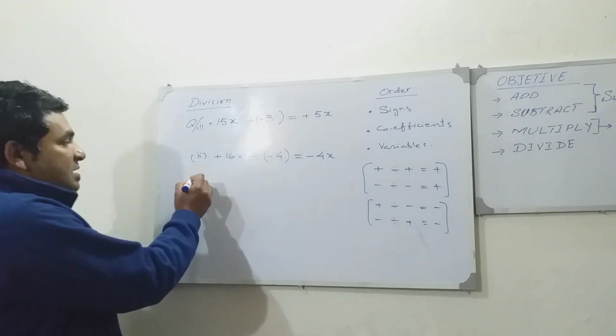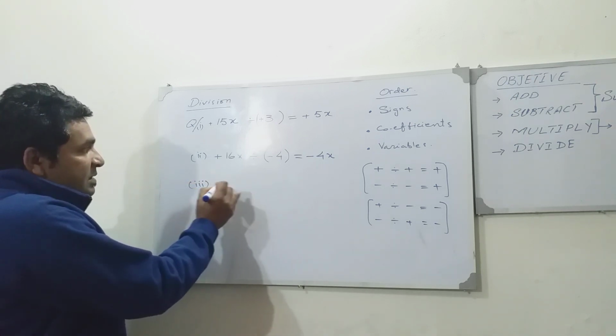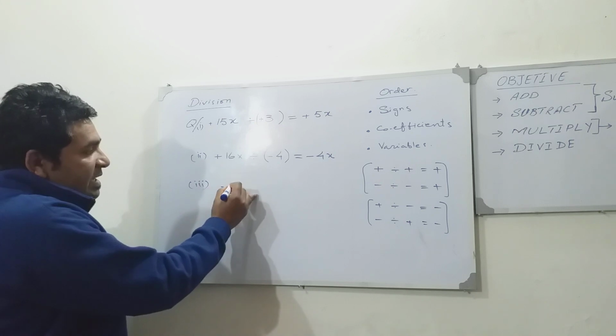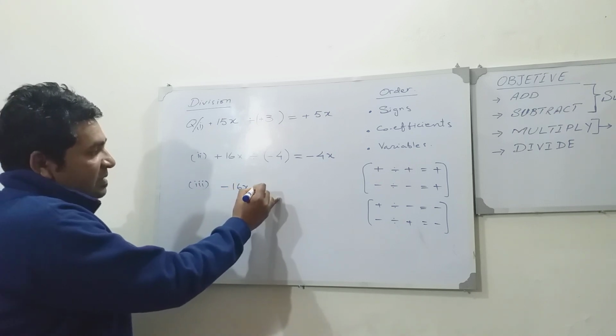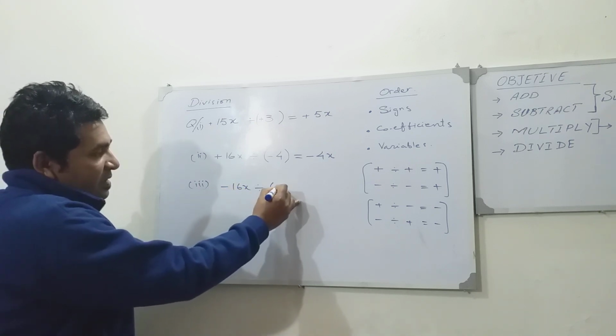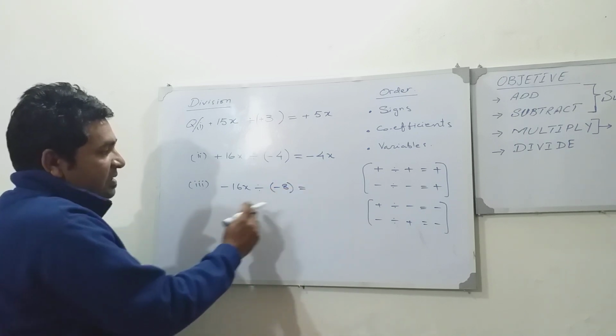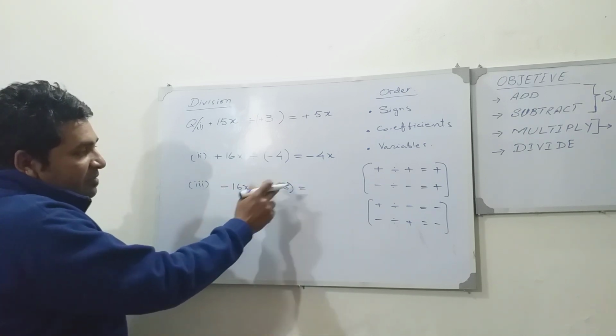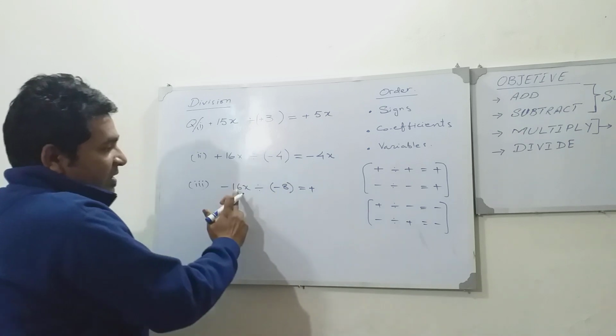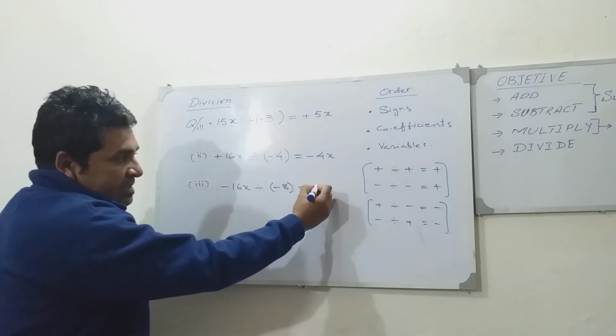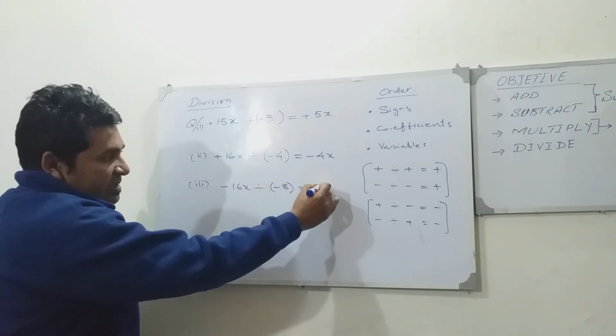Let's take another example. If we are dividing negative 16x by negative 8, then negative divided by negative is positive, 16 divided by 8 is 2, and x remains as x.